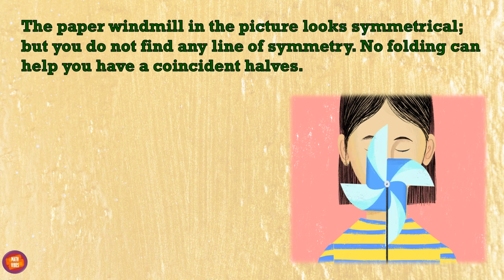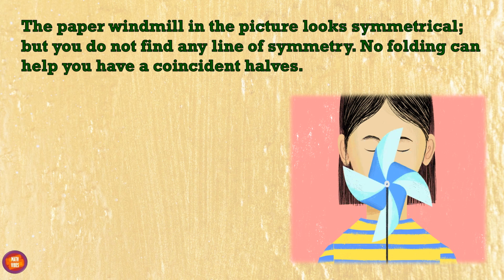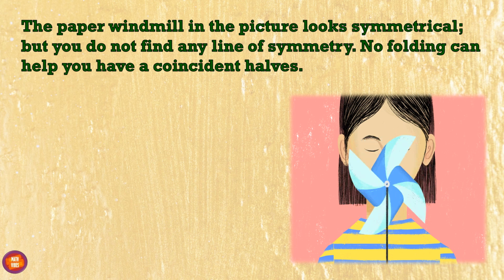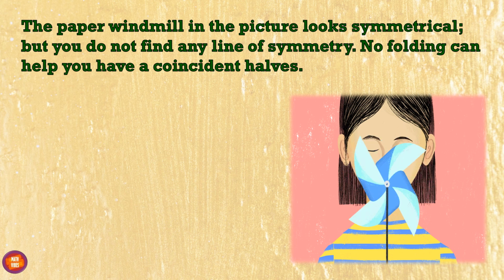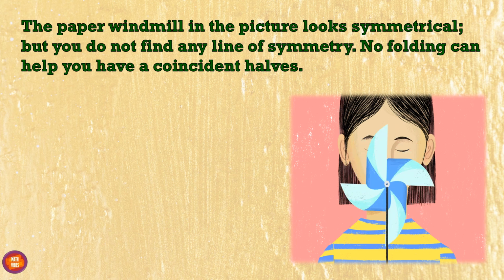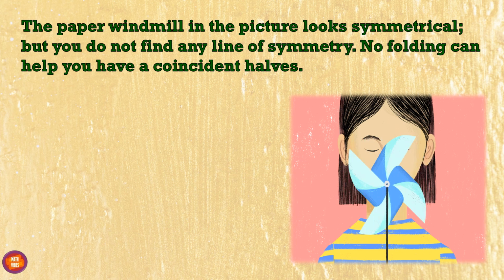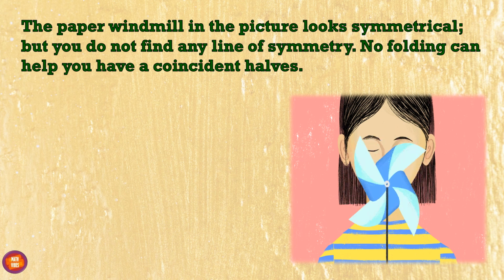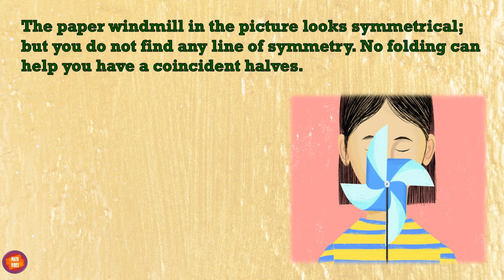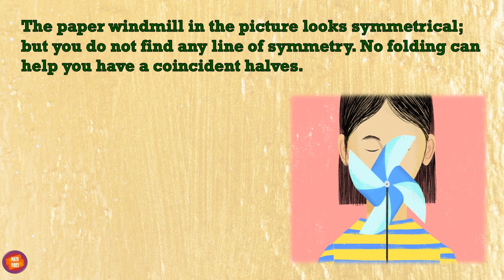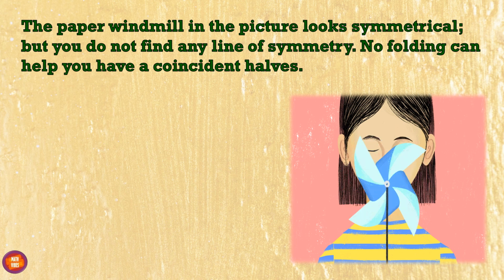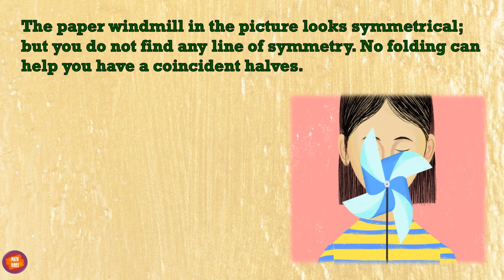How? See, rotational symmetry is when you are moving something along a fixed point or the center of rotation. So when you move this windmill along the center of rotation, you will see that at some particular points all along the way they will look symmetrical. So this is called rotational symmetry.